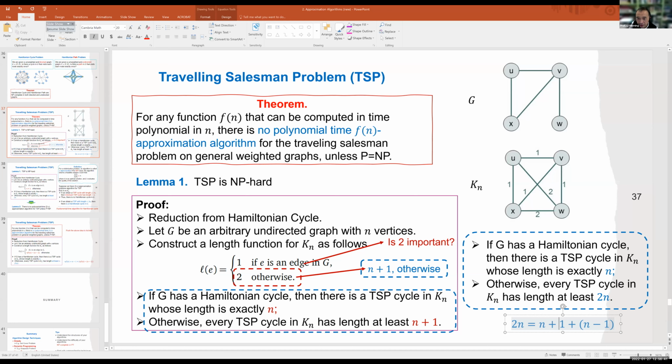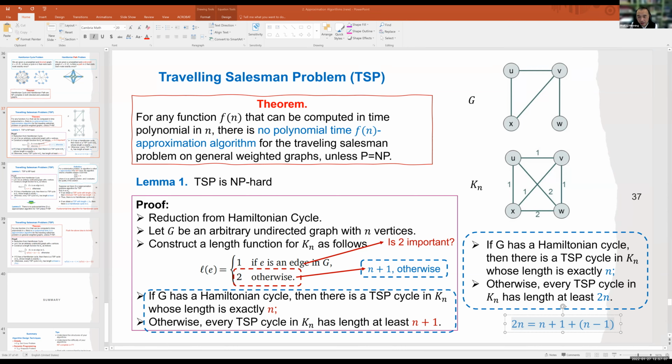Usually, for approximation hardness, there is one branch of proof using the so-called PCP theorem, probabilistic checkable proof. Well, even I did not manage to understand everything in PCP. But the good news is PCP is only used for proving the first problem which is hard to approximate.